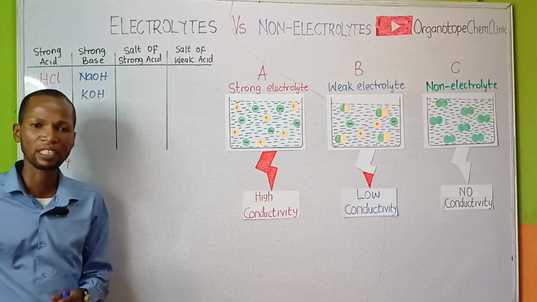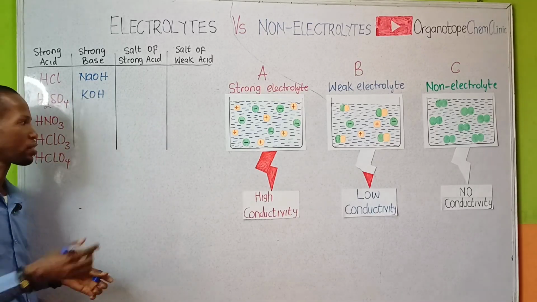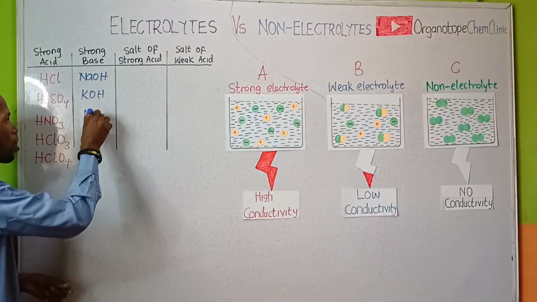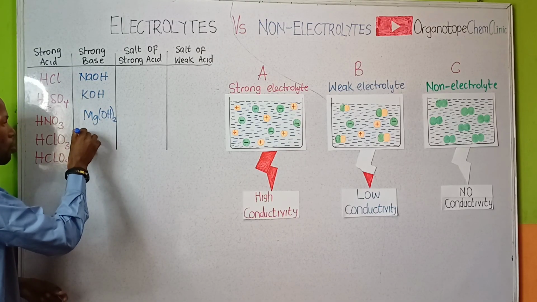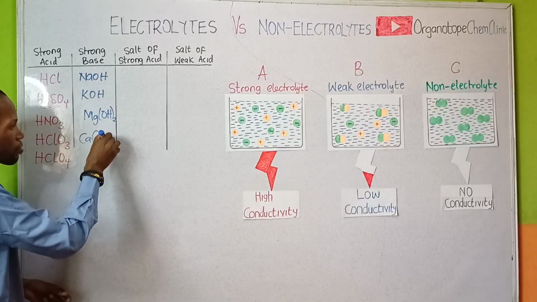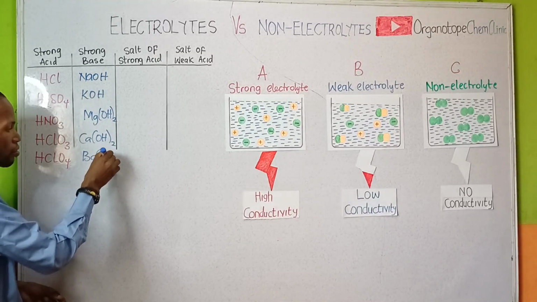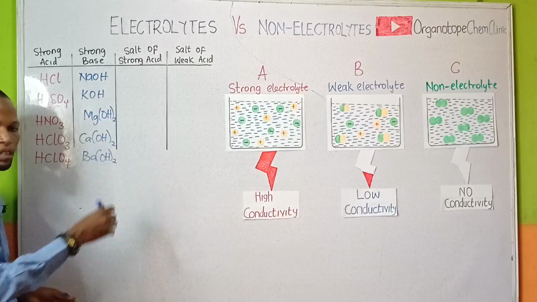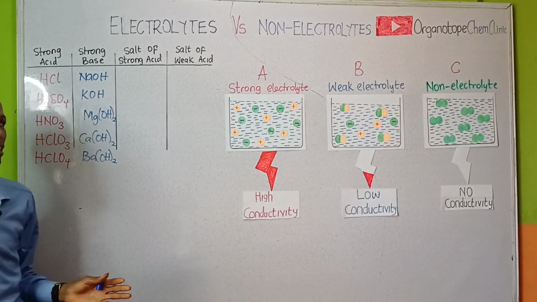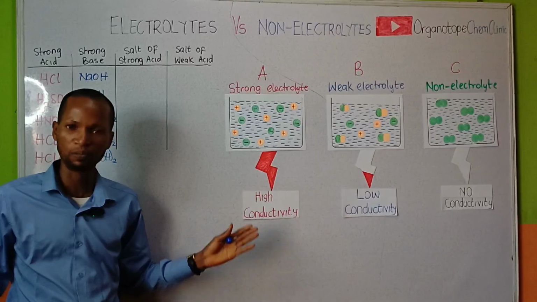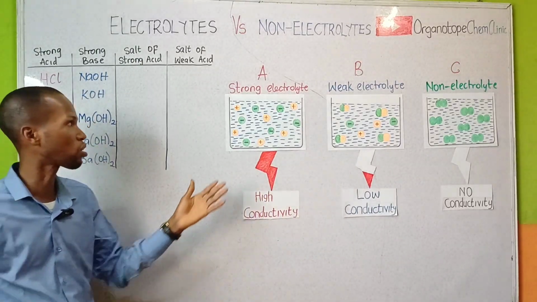Then let's consider the hydroxides of group 2 metals. We have magnesium hydroxide, calcium hydroxide, barium hydroxide. All these are strong bases, and we can equally say they are strong electrolytes. Make sense?